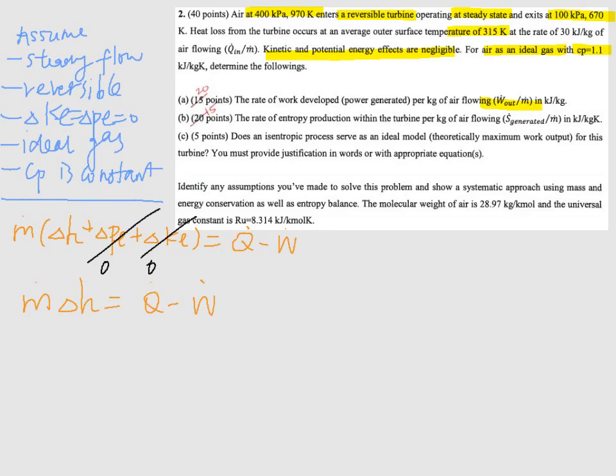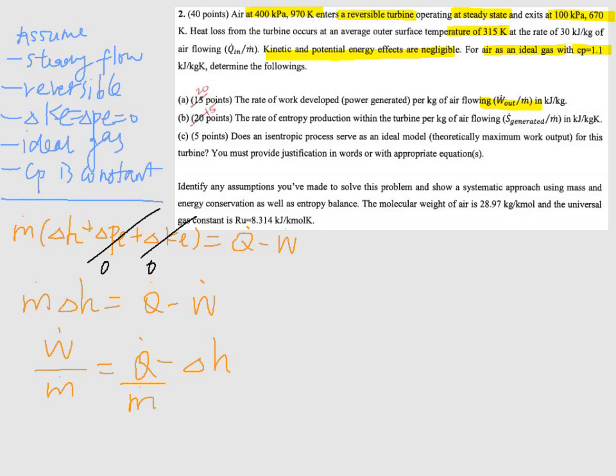If we move this W dot over and divide all these terms by m dot, it's going to be W dot over m dot is equal to Q dot minus, which term? Minus delta H. And if you notice, I forgot to divide m dot on this term.